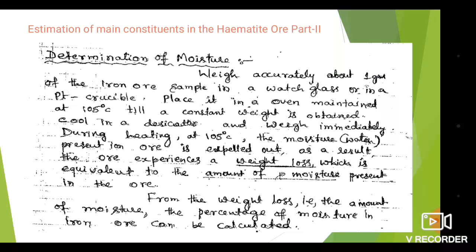During heating at 105 degrees Celsius, the moisture water present in the ore is expelled out. As a result, the ore experiences a weight loss which is equivalent to the amount of moisture present in the ore.